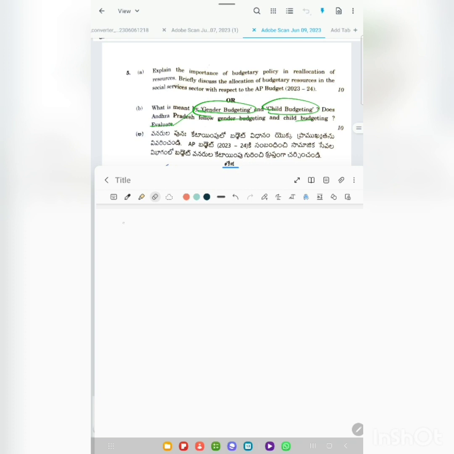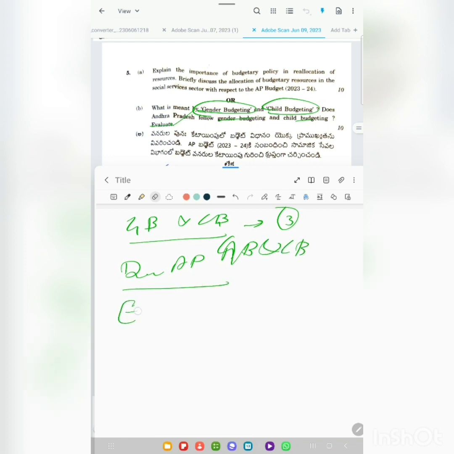One is, what is gender budgeting and child budgeting? Roughly around 3 marks. Does Andhra Pradesh follow gender budgeting and child budgeting? And evaluate. Okay, these are the most important keywords here.